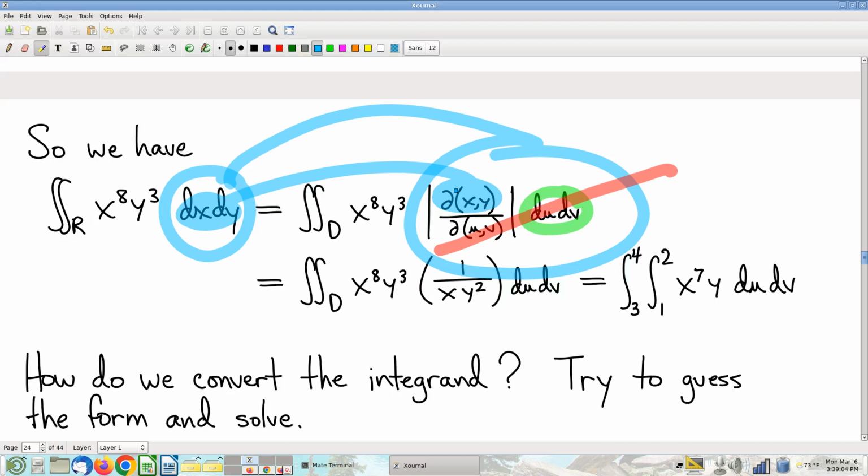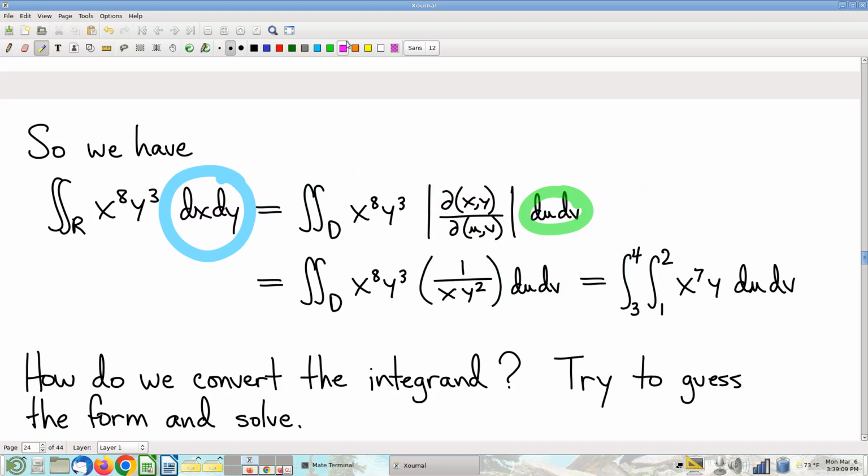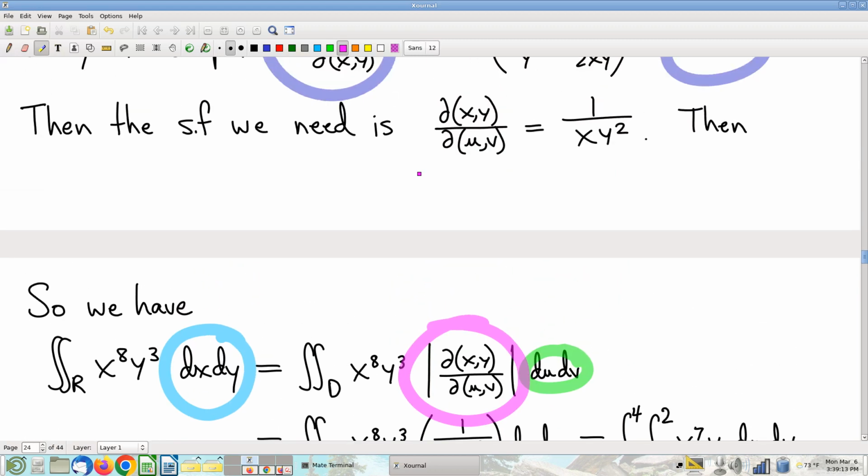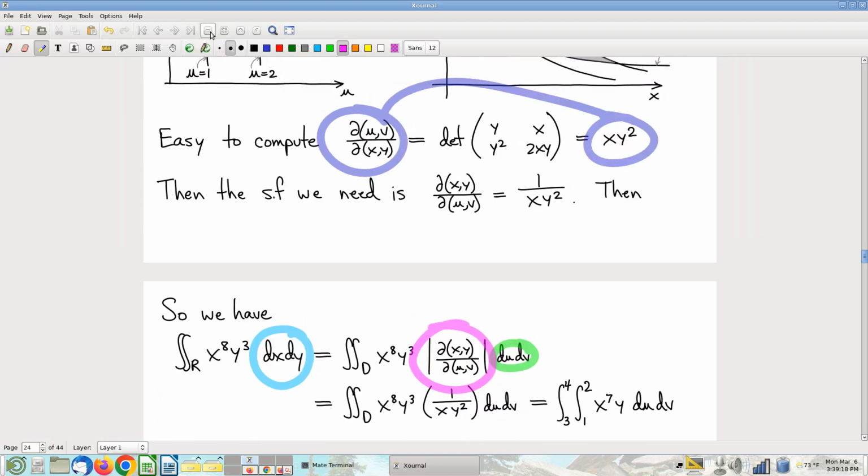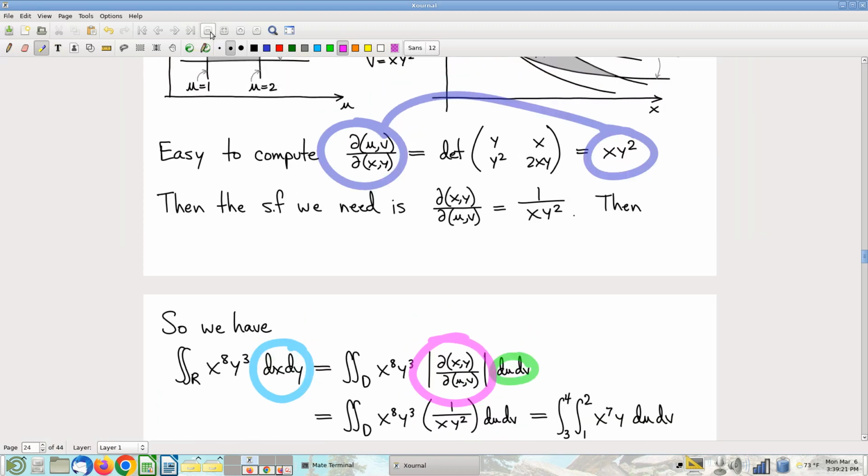All right. So from the point of view of that nonsense, apparently the thing that we need is partial xy, partial uv. And now I'm going to come back up to where we were. Oh gosh, let's see here. This doesn't quite all fit, so we'll do it like this. I have partial uv, partial xy. I want partial xy, partial uv. And so apparently, in order to get this thing that I want, I'm going to have to take a reciprocal.